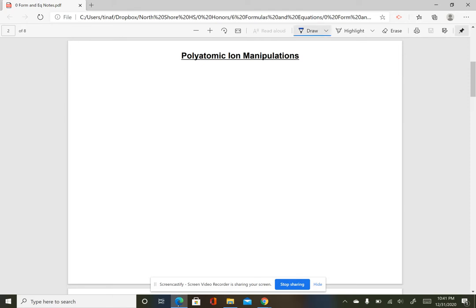When you have a polyatomic ion, you want to look at the number of oxygens, because there are little families of polyatomic ions that only differ in their number of oxygens, and their names are very similar. So knowing patterns to look for, you can actually memorize three or four polyatomic ions because you'll remember they're similar to each other.